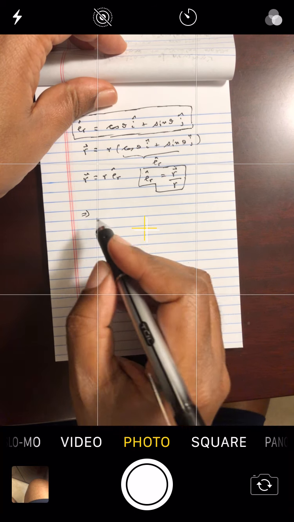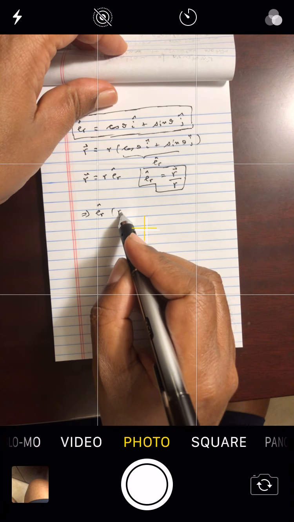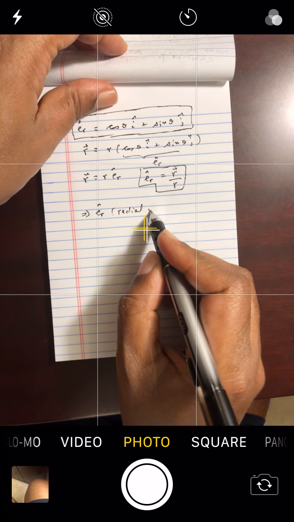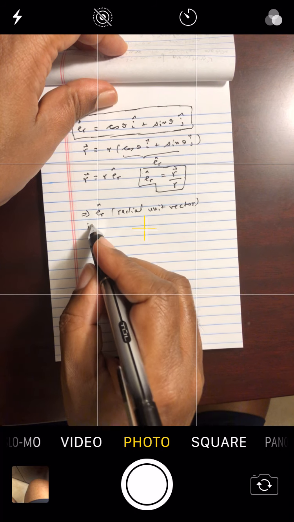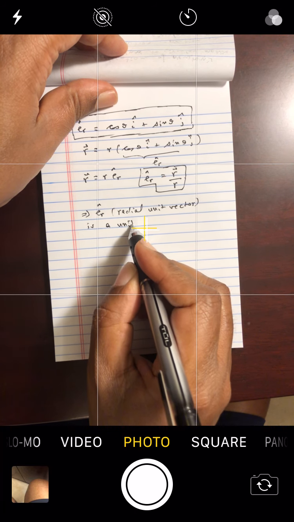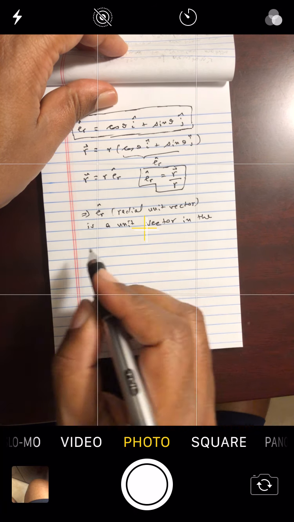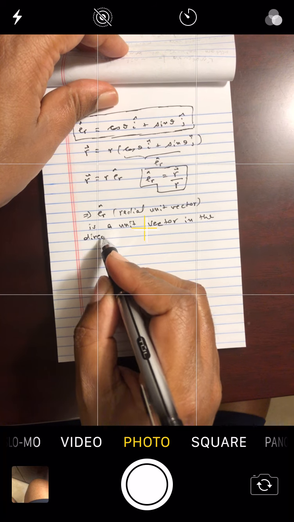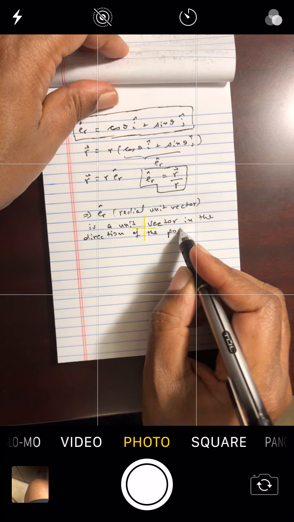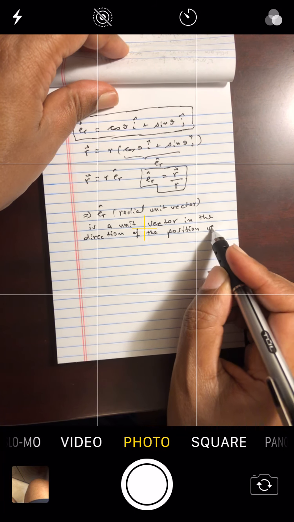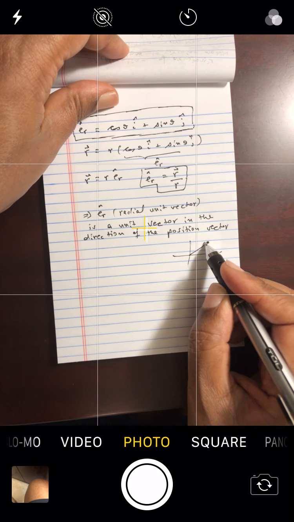So this implies ER, the radial unit vector, or the R unit vector, is a unit vector in the direction of the position vector. Let's say you have this position vector over here.